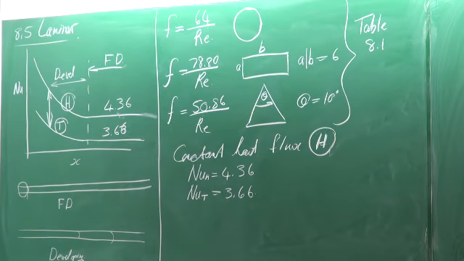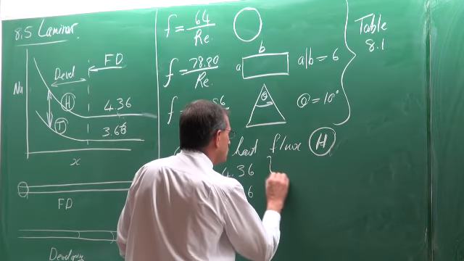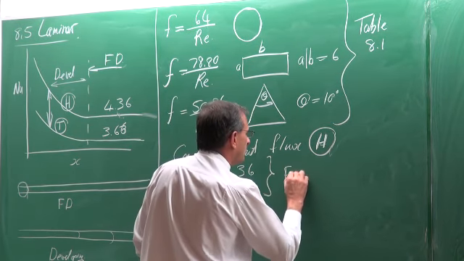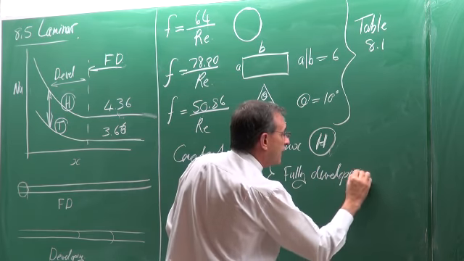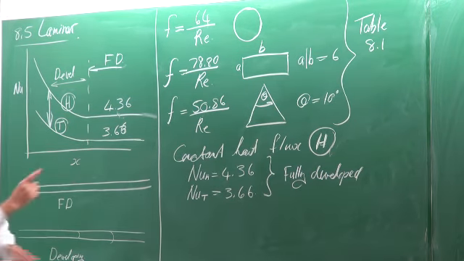Again, that is true, but not completely true. That is only for the very special case of fully developed flow. So if the flow is developing, then that is not correct.